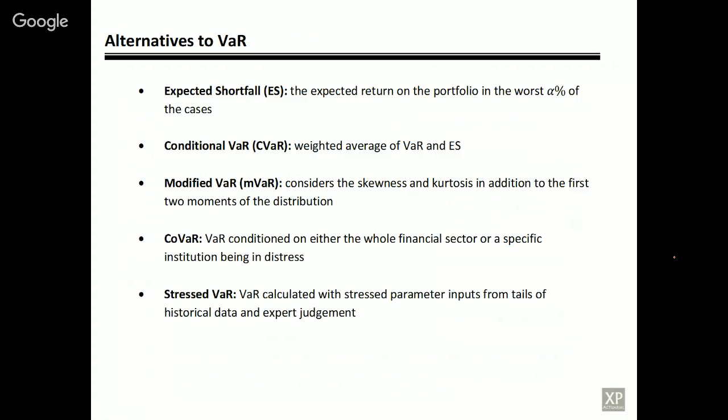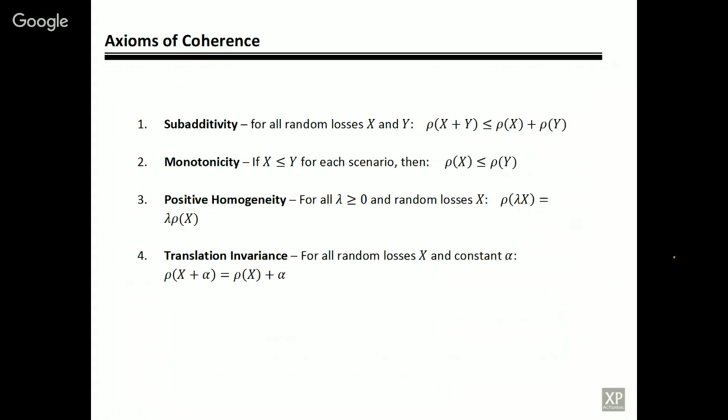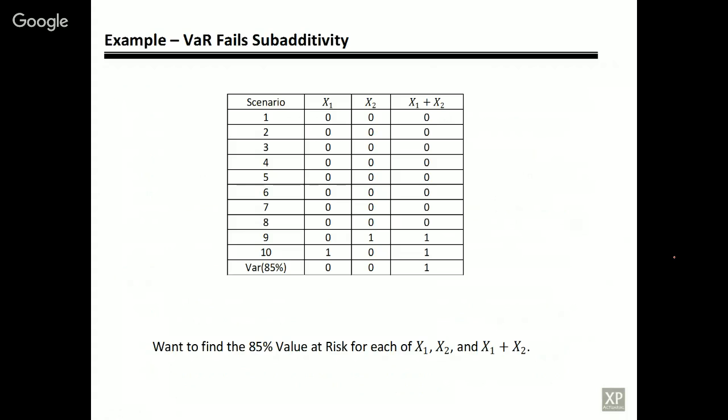Important ones would be expected shortfall, obviously, and maybe conditional VAR. Next, we have coherence, and there are 4 axioms: subadditivity, monotonicity, positive homogeneity, and translation invariance. Definitely memorize these because they've previously come up a lot on different exams.